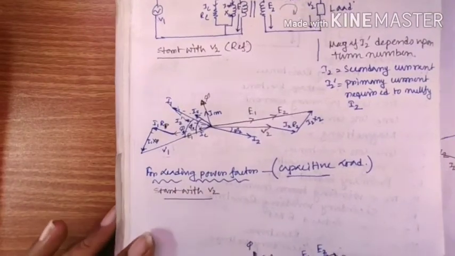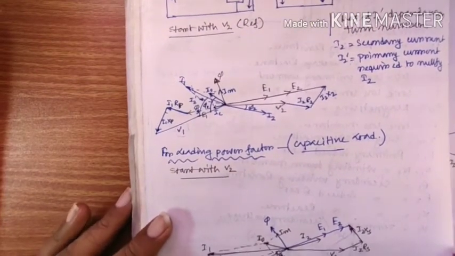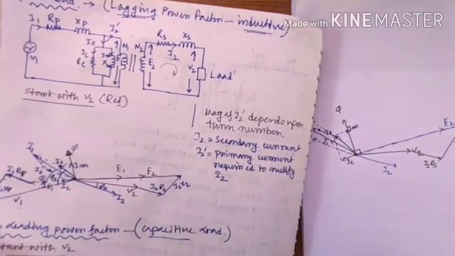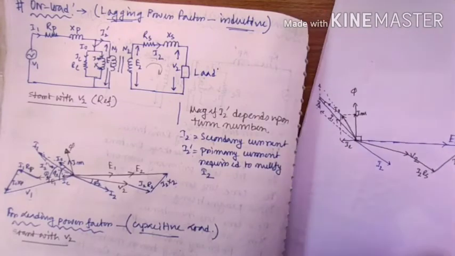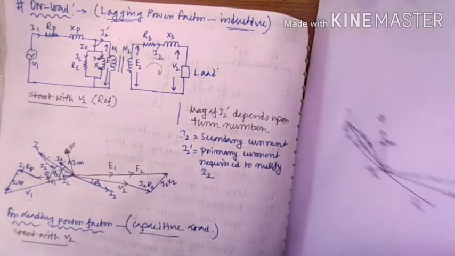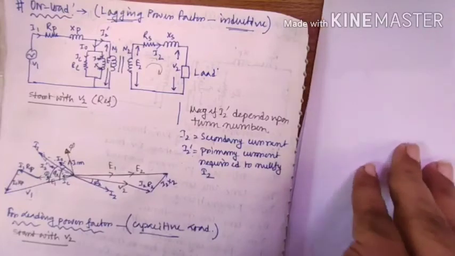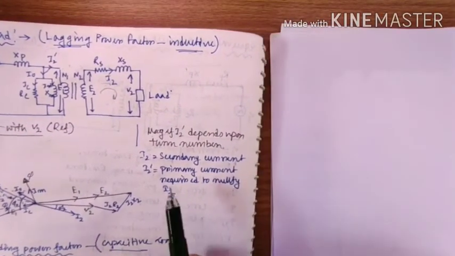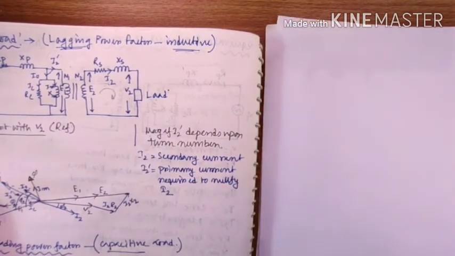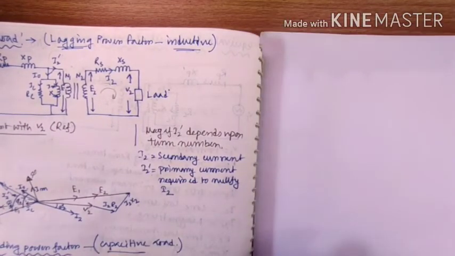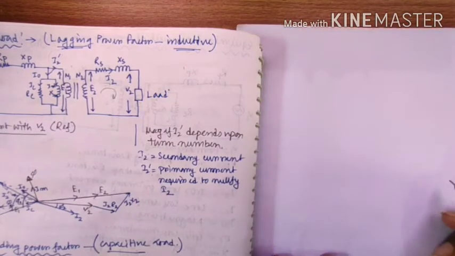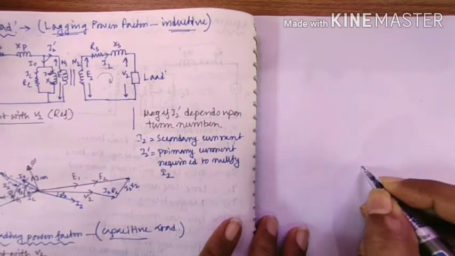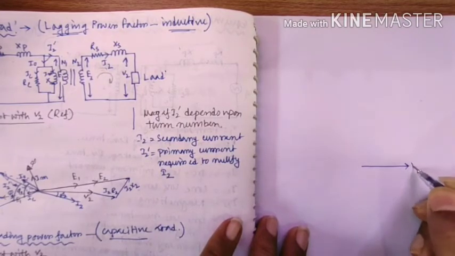So if the load is leading power factor, meaning capacitive in nature, then what should be the diagram? So once again, assume that here the load is capacitive in nature. Then what will happen? We should start similarly. Assume this is V2.